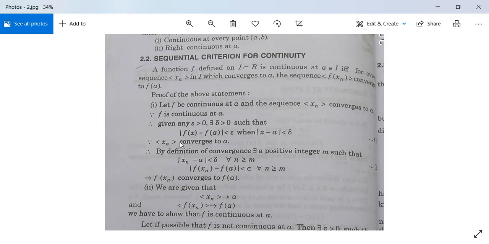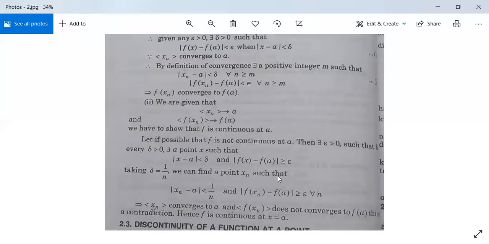Since the sequence x_n converges to a, by definition of convergence there exists a positive integer m such that mod x_n minus a is less than delta for all n greater than or equal to m. Therefore, mod f(x_n) minus f(a) is less than epsilon for all n greater than or equal to m. It implies that f(x_n) converges to f(a). By definition, f(x_n) converges.